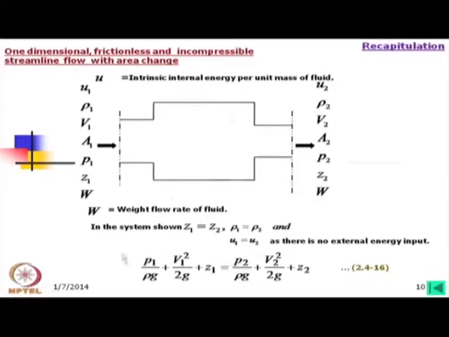Now, another few laws we should follow. This is Bernoulli's equation. If we consider two sections in any conduit, then u is the energy, rho is the specific gravity, V1 is the velocity, A1 is the area, P1 is the pressure, Z1 is the height, and W is the weight flow rate of the fluid, and so on, at one section and the other.